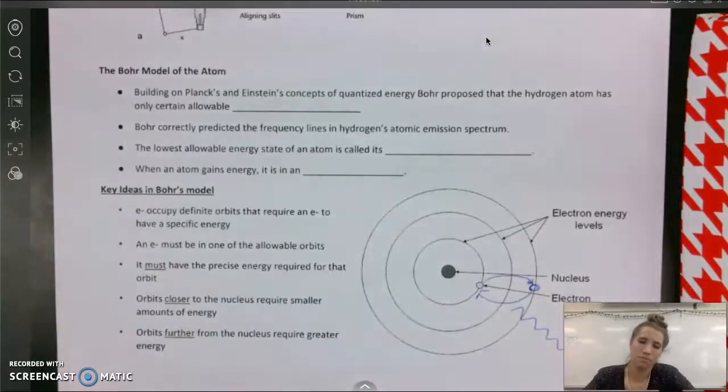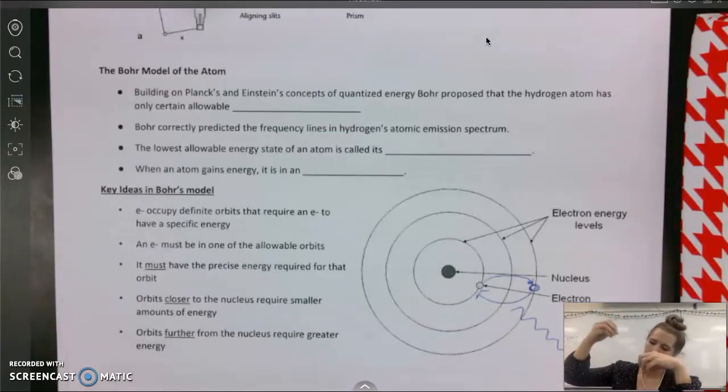But why would that be? Let's see. If we have a negative electron and a positive nucleus, they want to be close together. There's an electrostatic attraction, right? And if we pull that electron away from the nucleus, we have to add energy to do that. We have to pull them apart.